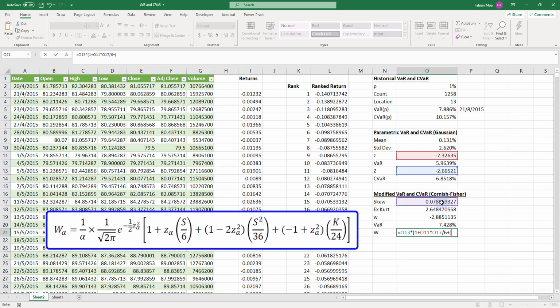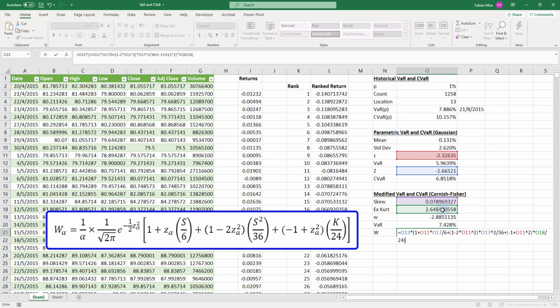And then we'll plus 1 minus 2 times the Z value to the power of 2, and then multiply that by the skewness squared over 36. And then we'll plus negative 1 plus the Z value squared, and then multiply that by the excess kurtosis over 24.